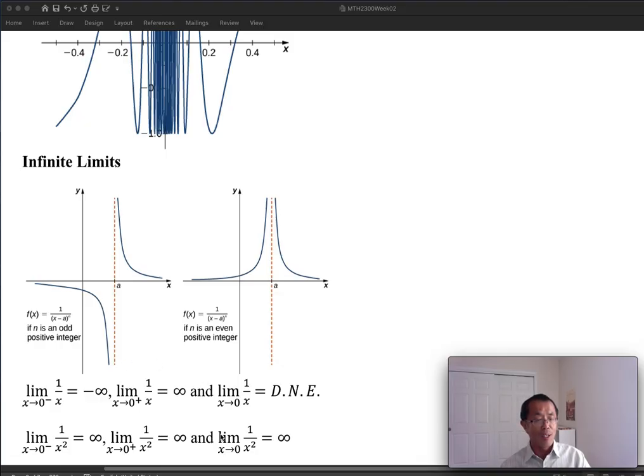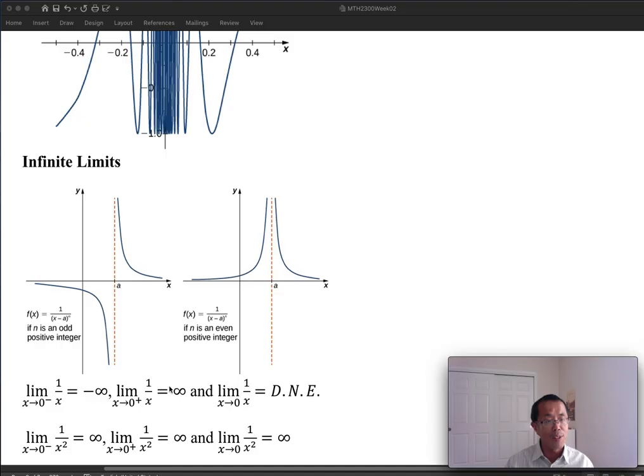So overall, we just say the limit does not exist. But it does have those two different one-sided limits. The left-sided limit is negative infinity. The right-sided limit is positive infinity. Certainly, many times for positive infinity, we just say it's infinity.